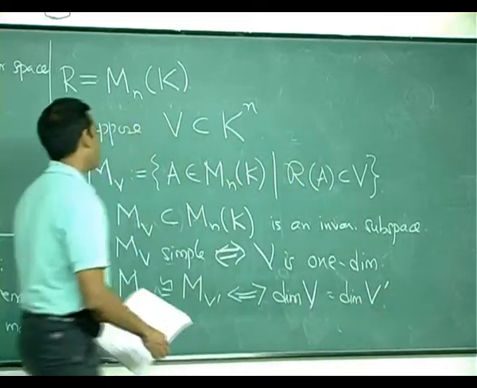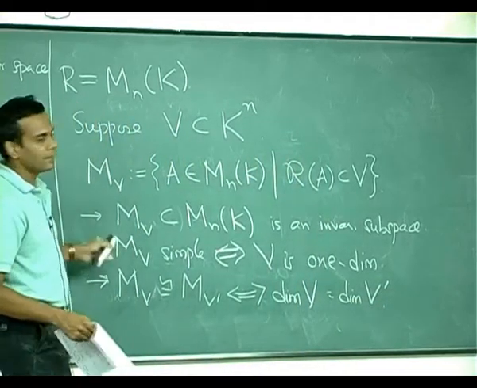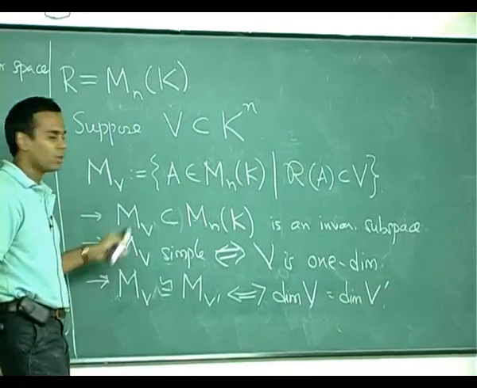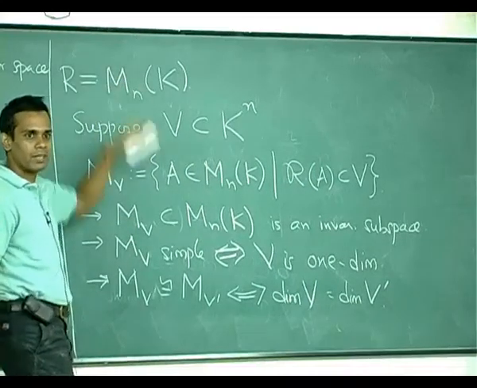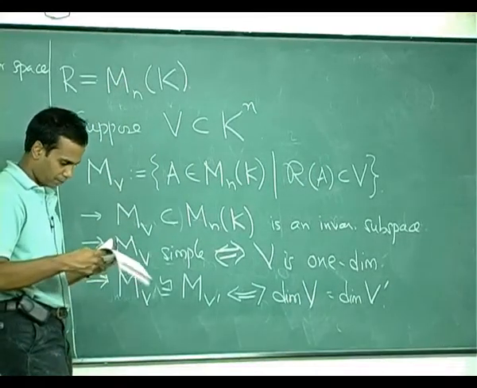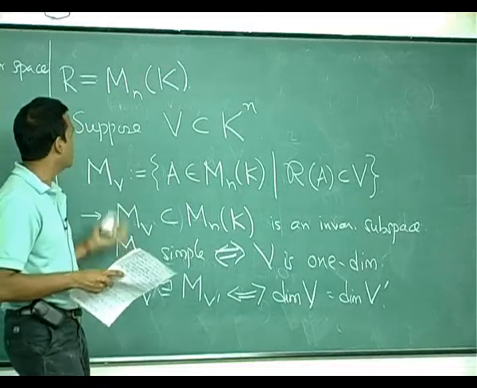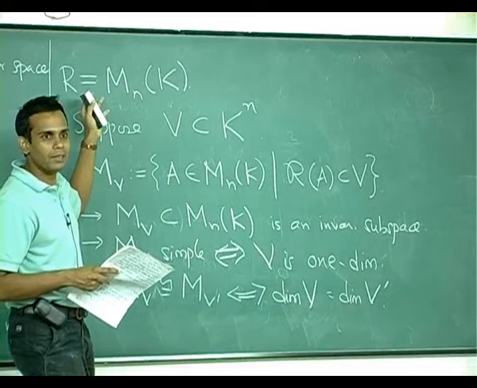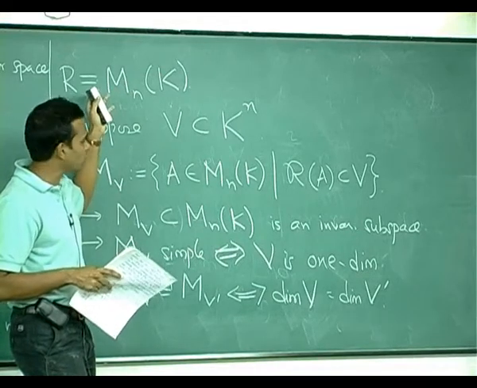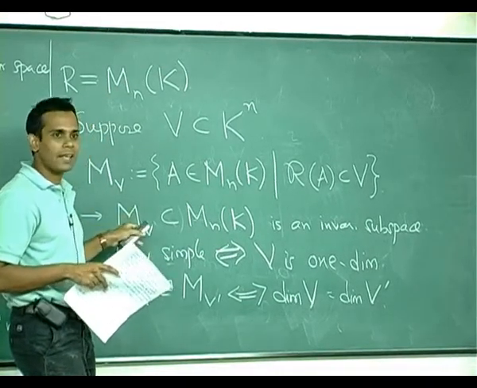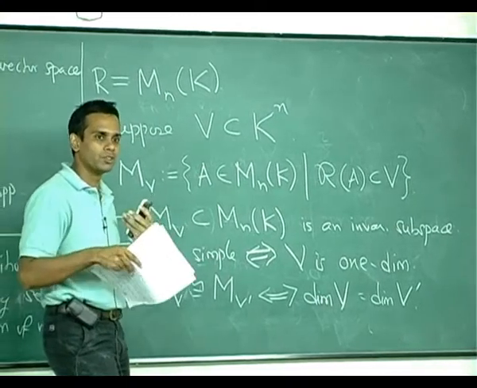So from this we have pretty much understood everything we would like to about the regular representation of the matrix algebra. The conclusion is that there's only one simple module for this algebra, and that corresponds to M_V, where V is any one-dimensional space. All those will be isomorphic.